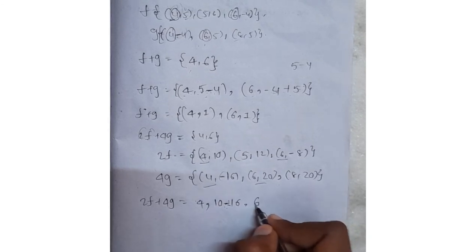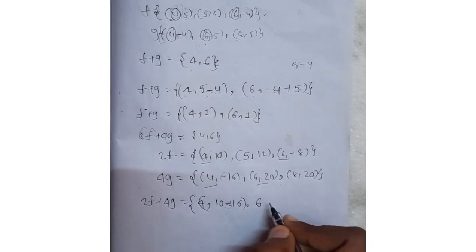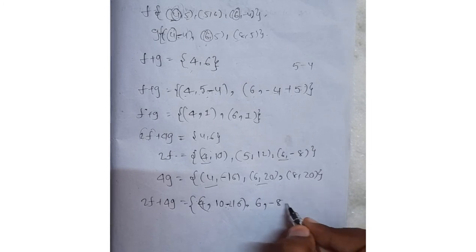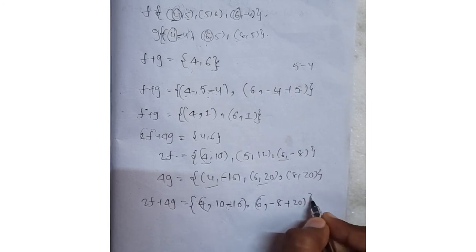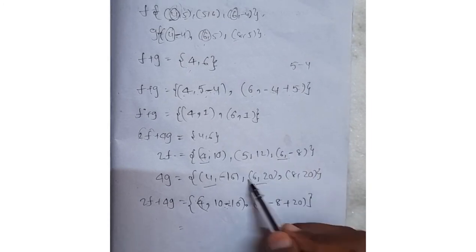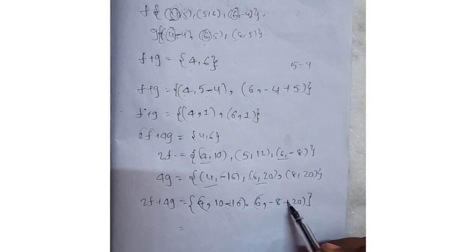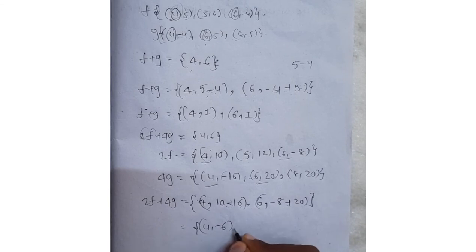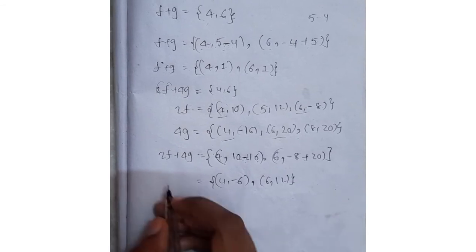Next, 6 and 6: (6, -8 plus 20). The domain is the same, just adding the range. So (4, -6), (6, 12). Completed.